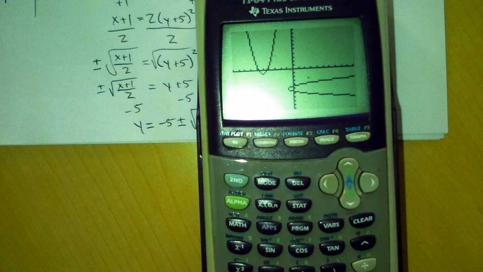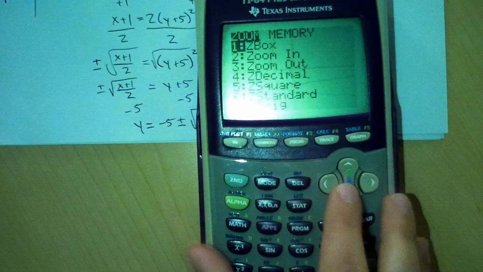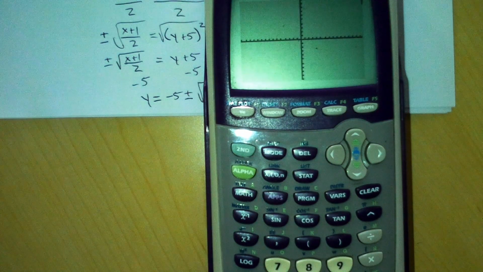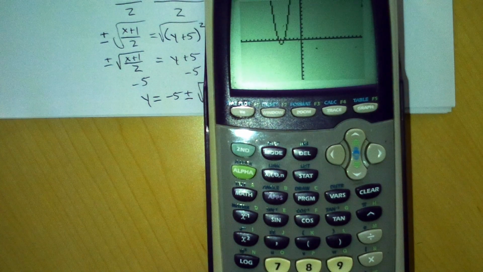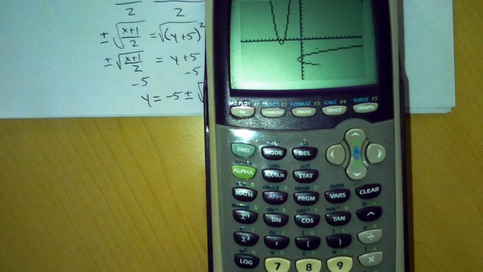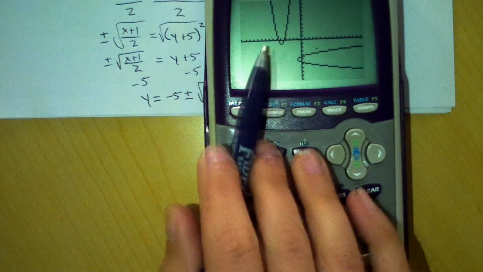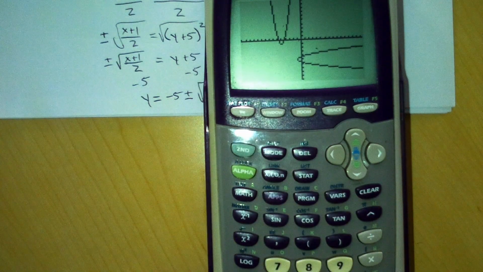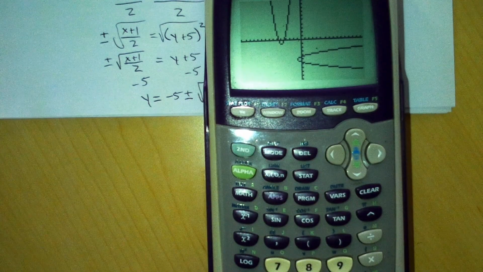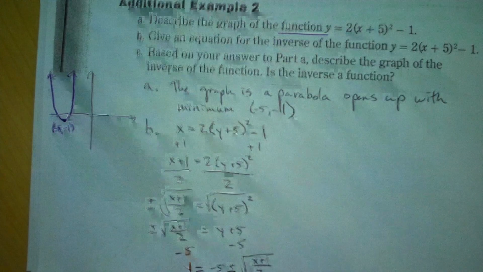So I guess it says describe the graph of the inverse, so we'll do this describing first. So we can say the graph is still a parabola, because it's just turned to the side. How does this one open? To the right, yep, so you could just say opens to the right. And then here, like I said, it's not really a minimum or maximum value, but you would probably still want to establish what that point is.